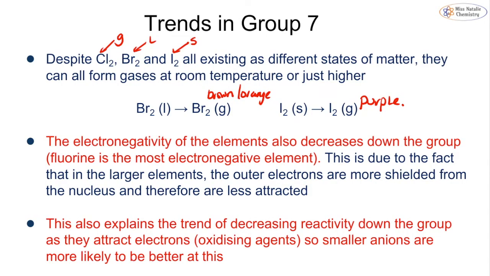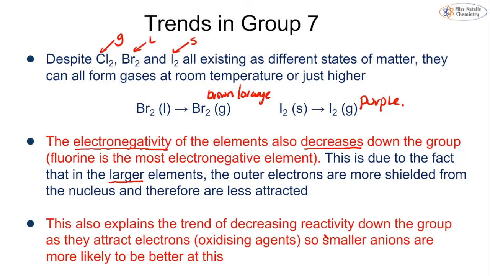Now we also see a trend that the electronegativity is going to decrease as you go down the group. So we know that fluorine is the most electronegative element in the entire periodic table with an electronegativity of 4. But as we go down the group, we're seeing a decrease, and this is due to the fact that, again, we have larger elements.